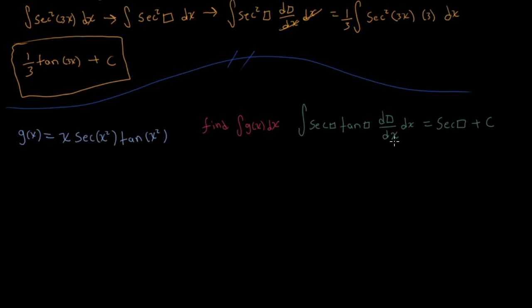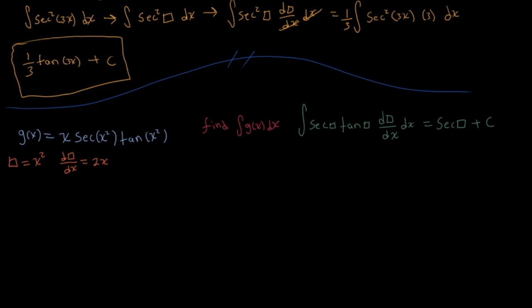Once it's in this form, we can go ahead and convert it to secant. So let's do that. First, let's define our placeholders. This box here is equal to x squared, and the derivative of that box with respect to x is equal to 2x.